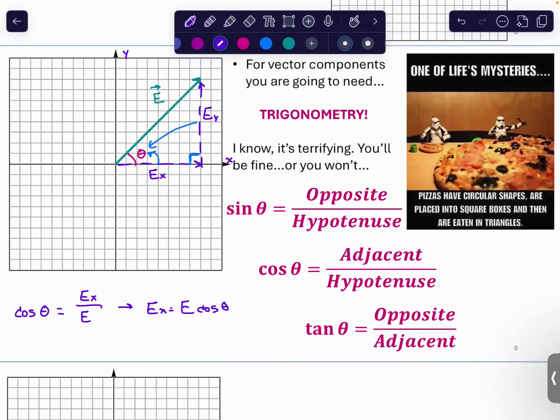And your EY then, it kind of makes sense because the magnitude of that electric field is the length of the electric field vector, and that's the hypotenuse of your triangle. So your Y component is the magnitude of your electric field times sine of theta. So you're basing this all off right triangles.